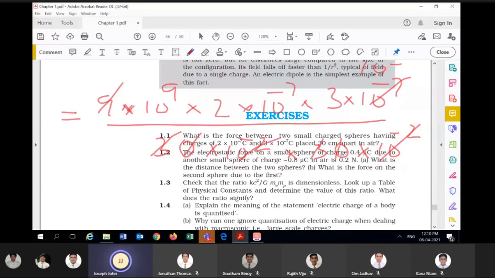Now multiply, 3 into 2 is 6. 6 into 10 raised to minus... Correct. Don't make the calculation complicated. All the time, simplify. Finished now?